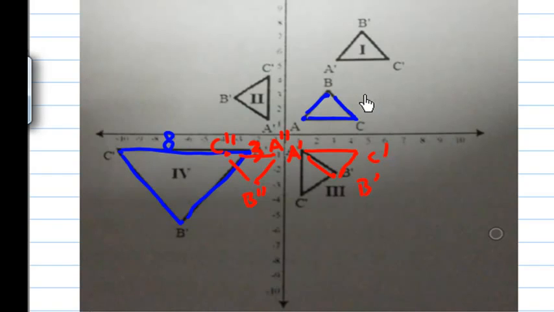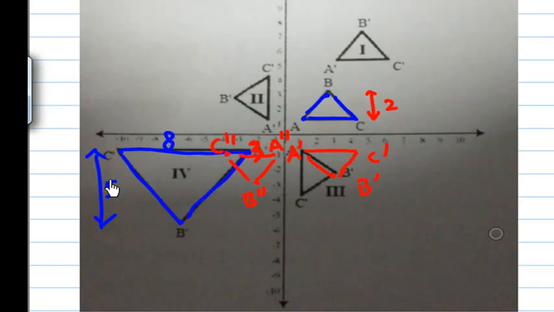The original vertical length of the triangle is from 1 to 3, so this is 2. And the final image's vertical length is from 1 to 6, so this is 5.